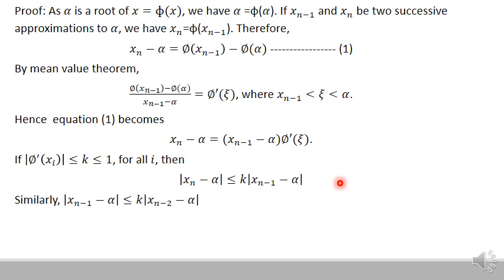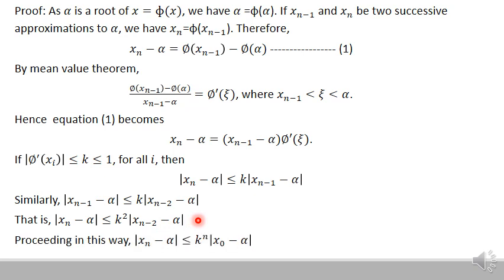Similarly, replacing n by n minus 1, we get modulus xn minus 1 minus alpha less than or equal to k into xn minus 2 minus alpha, which by substituting in the previous result, we get mod xn minus alpha less than or equal to k square into modulus xn minus 2 minus alpha.